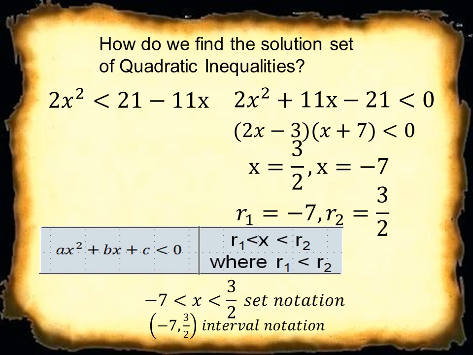If you have the or equal symbol, use bracket. If none, just less than, use parentheses. Okay. So this is how we find the solution set of quadratic inequalities in less than or equal.